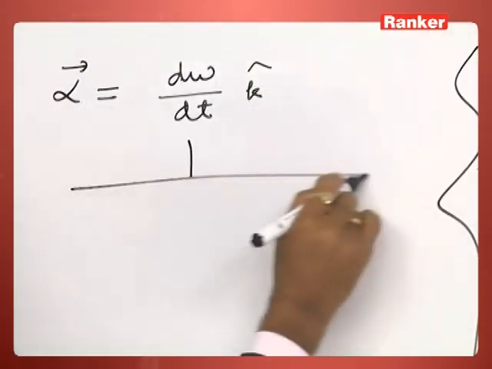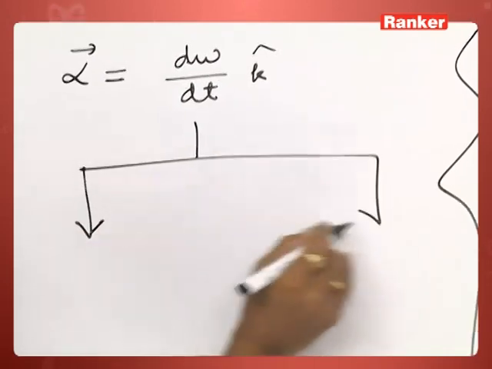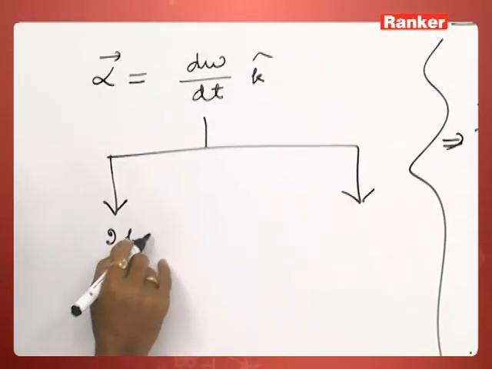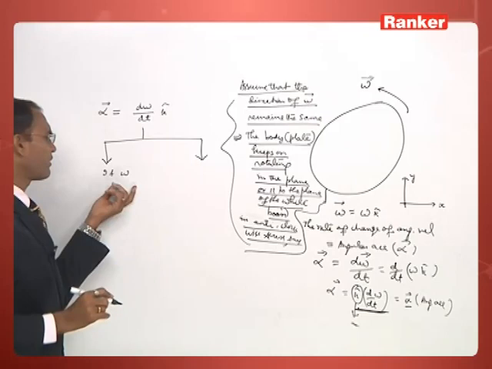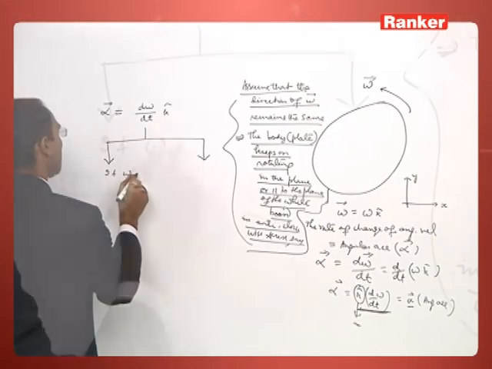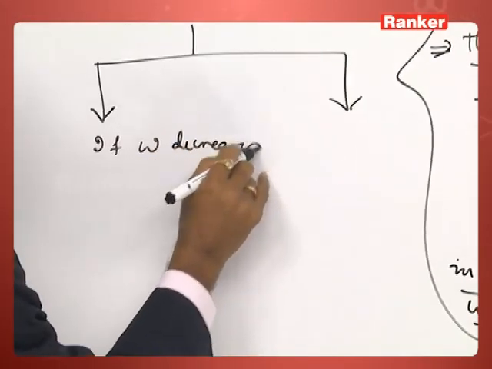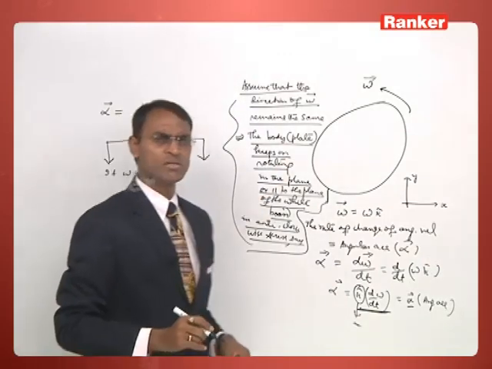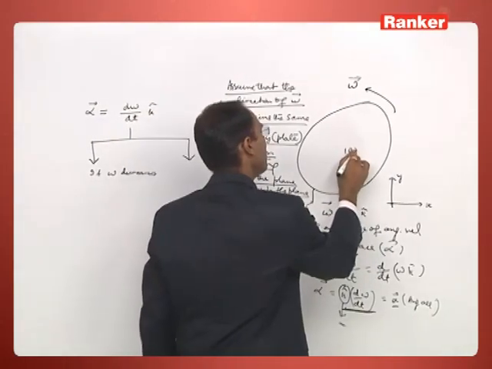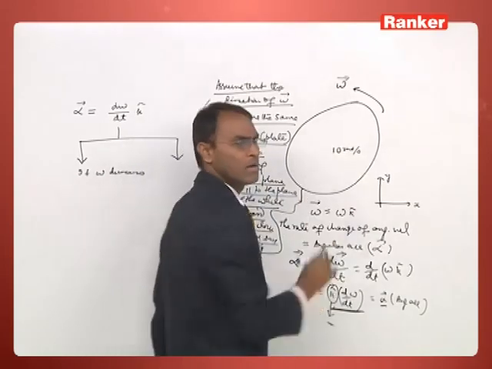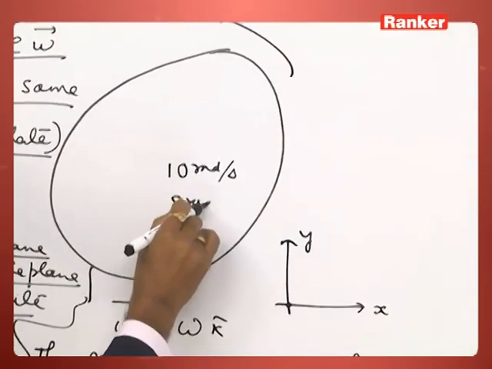We have two divisions. If the magnitude of the angular velocity, the angular speed, decreases, suppose it is rotating with 10 radian per second, after some time it will rotate with 8 radian per second.